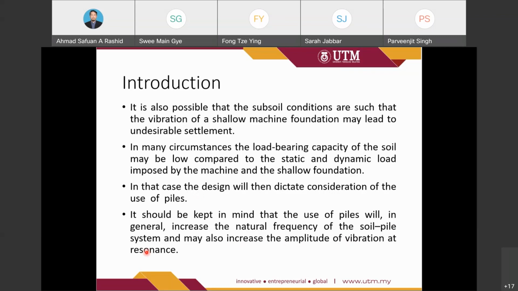So in order to increase the stability of the system due to this kind of machine foundation, the application of pile is very much required.